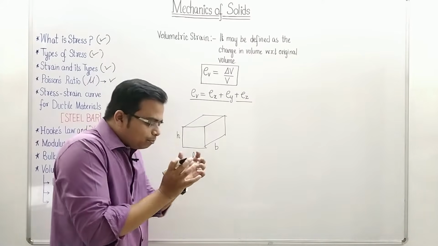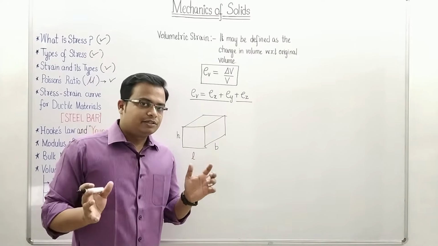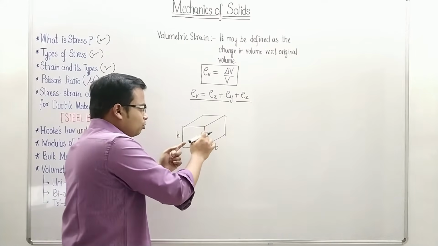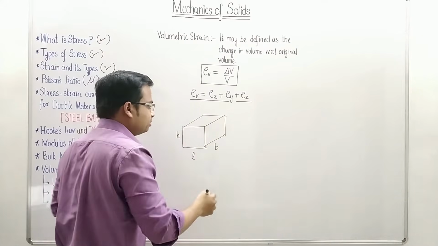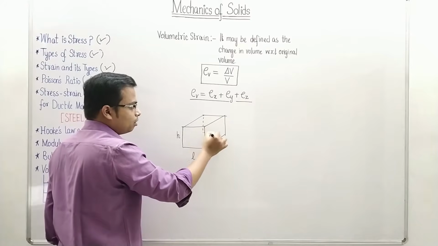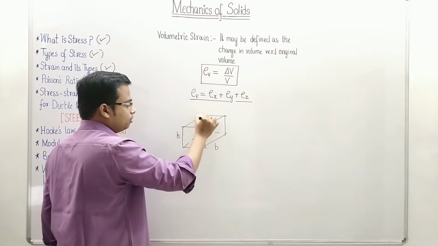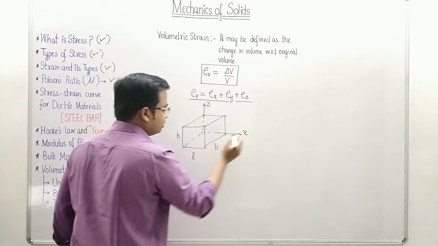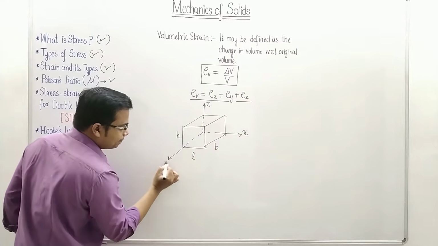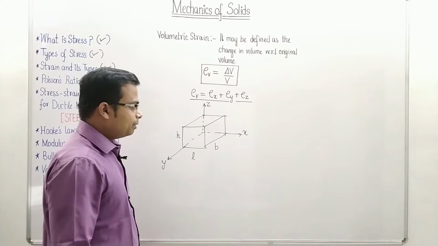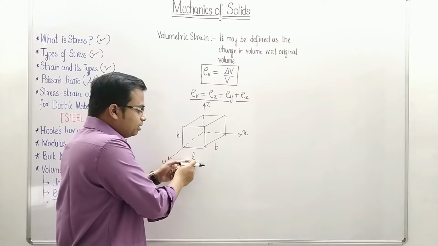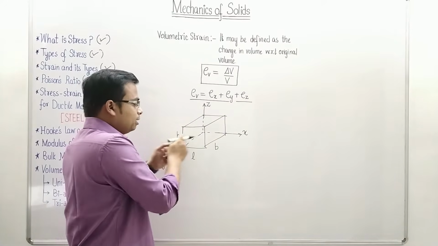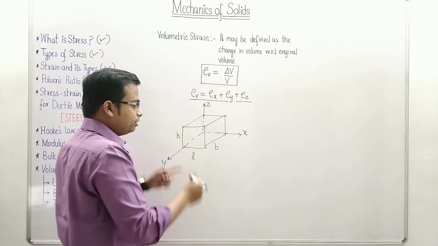Now, let's say we are pulling this cube from all the directions, from X, from Y and from Z directions. Let's say that this right here is the Z direction, this right here is the X direction, and this right here is the Y direction. What will happen? There is going to be obviously some change in L, some change in B, and some change along the H direction.